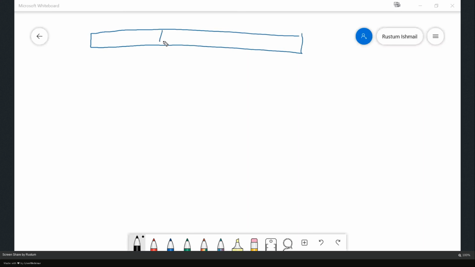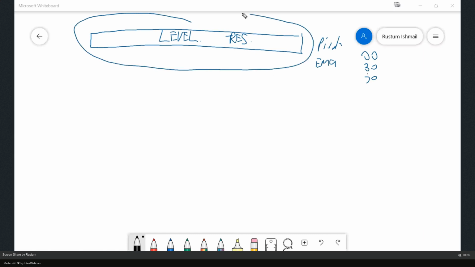If you have confluence here, if you have a resistance line drawn here based on the numbers that you're seeing here, a 00, 30, 70, or whether you see there is a pivot in that area, or whether you see one of the EMAs here, this is the most important thing in the whole game. And then you get your support here.